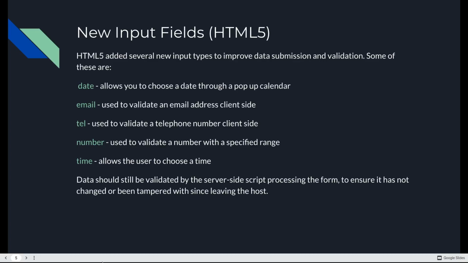And again, that's a useful thing because validating an email address is a bit tricky. And we should still do it, but at least it can now be done on the client side natively through HTML. Tel is used to validate a telephone number, which could be useful. Number allows a number, and you can set a specific range, and it will only allow number input.